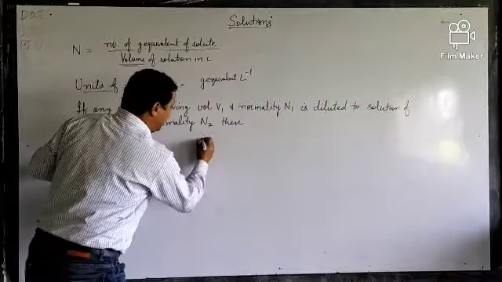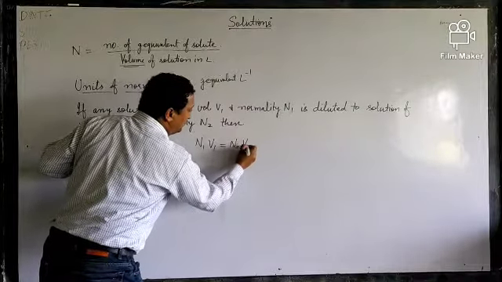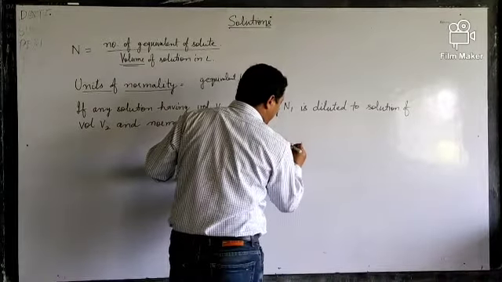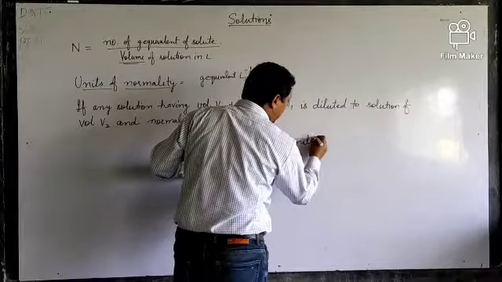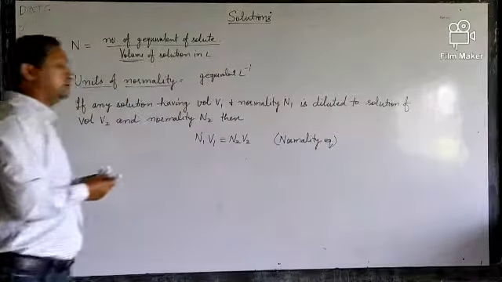Equation is N1V1 equal to N2V2, and this equation is called as normality equation.